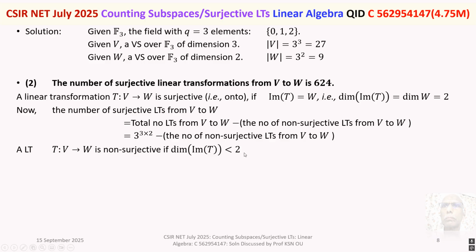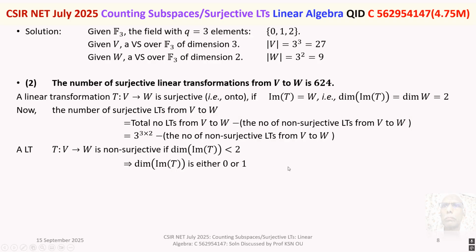If it is equal to 2, then it is onto. If the dimension of image of T is less than 2, then it is non-surjective. Then what are the possibilities? The possibilities are that the dimension of the image of T is either 0 or 1.